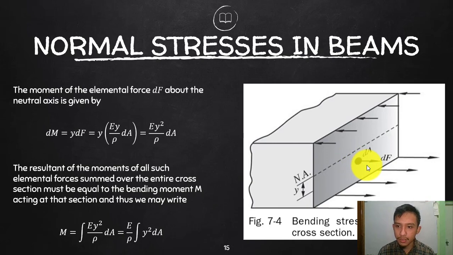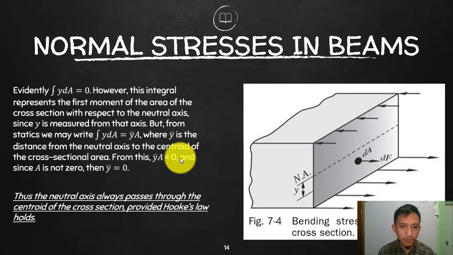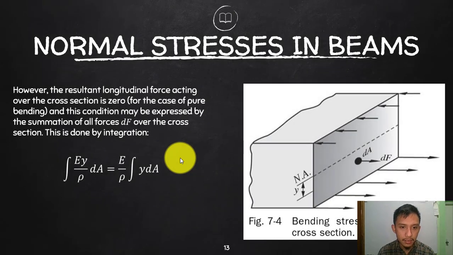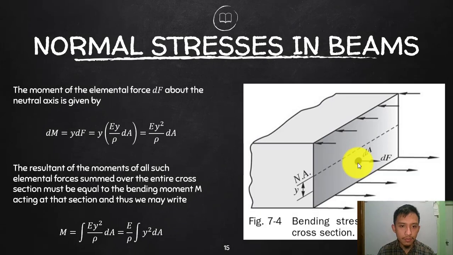If I take the moment of your differential force, which we derived a while ago, with respect to your neutral axis, that will give us y times dF. You change dF to its equivalent that we derived a while ago, and then that will just become y squared, and that is now a small moment.